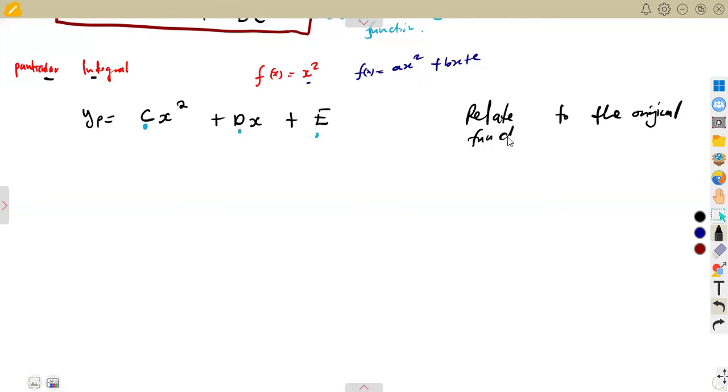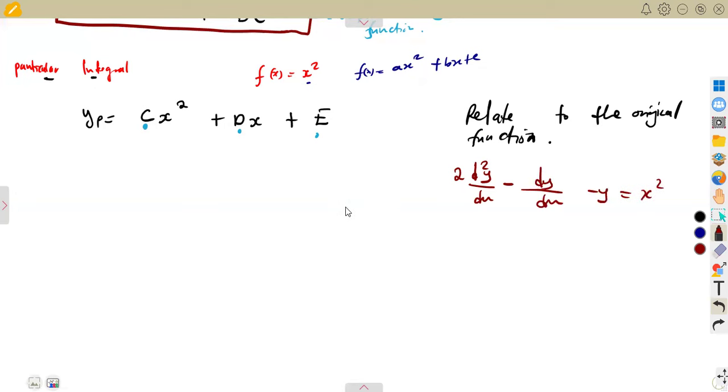How? That's the question. The original function is given as 2 times the second derivative of y with respect to x minus the derivative of y with respect to x minus y is equal to x squared.